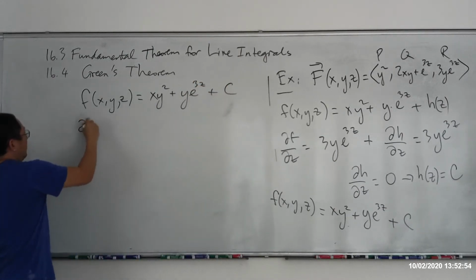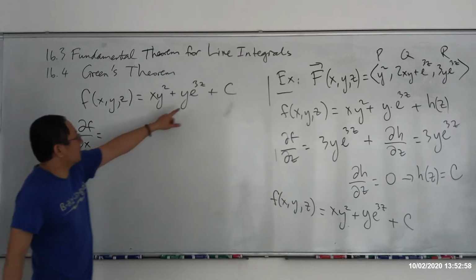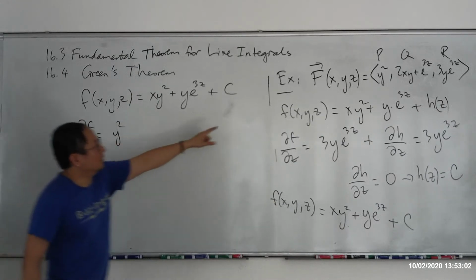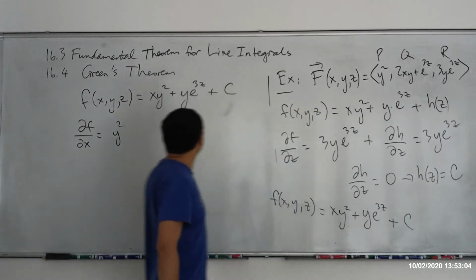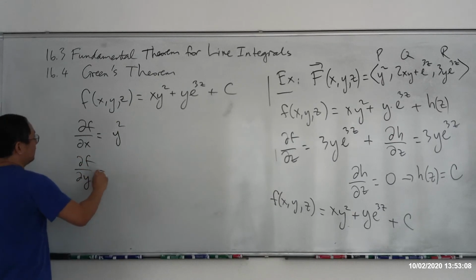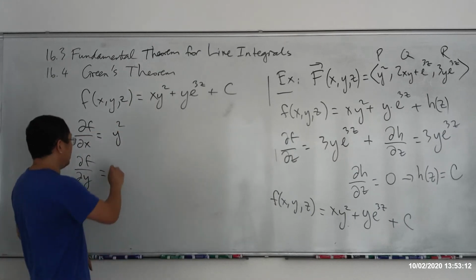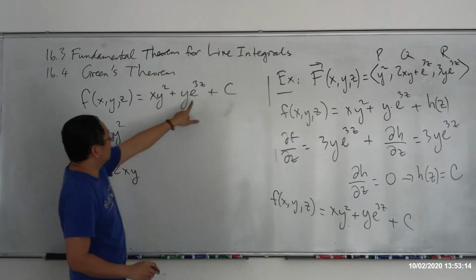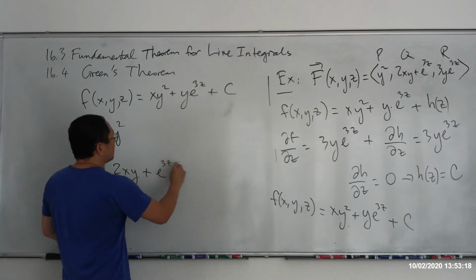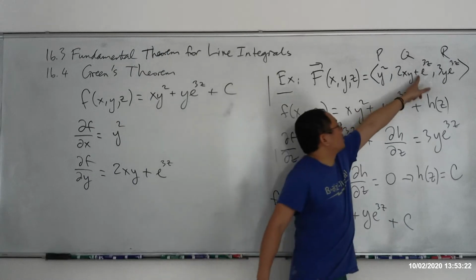So df over dx, the derivative in terms of x, no x here, no x there, so it's just y squared. Good, first term. df over dy, the derivative of this in terms of y is 2xy. The derivative of the second term in terms of y is going to be e to the 3z. This is constant, the derivative is 0. Yes, second term. Match.